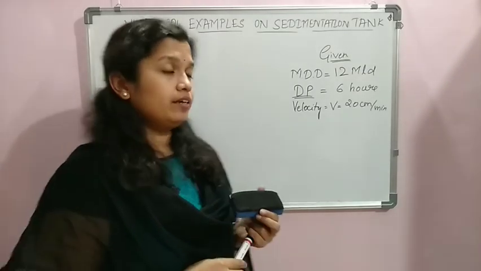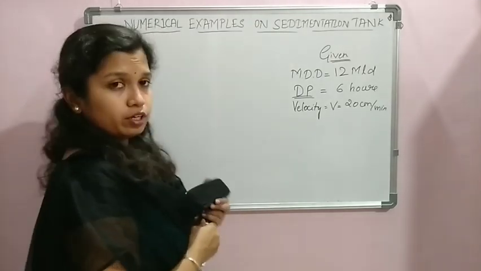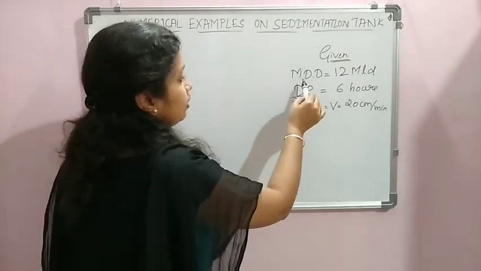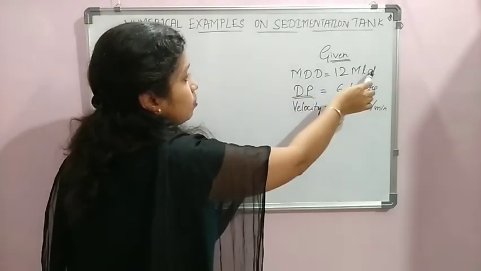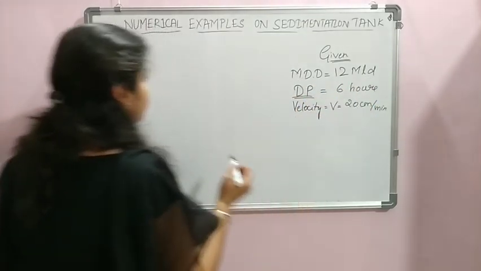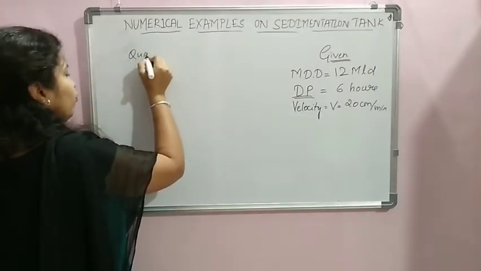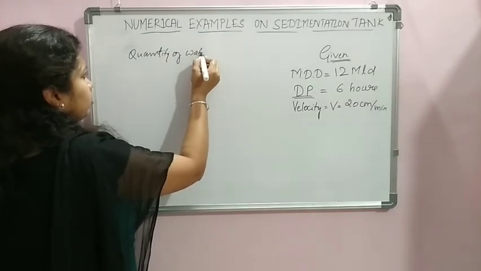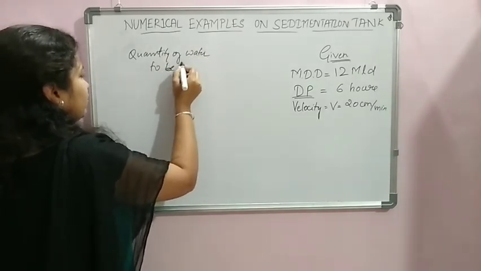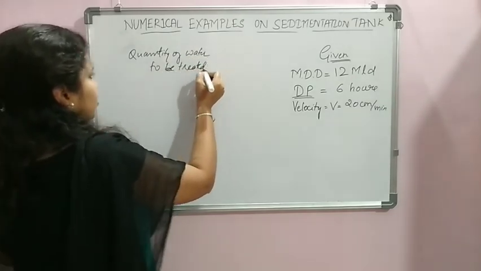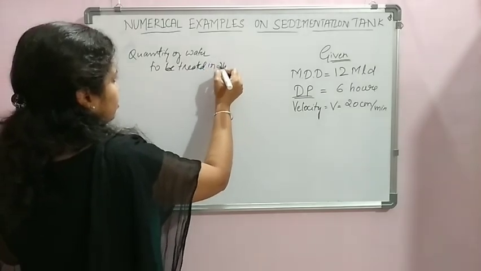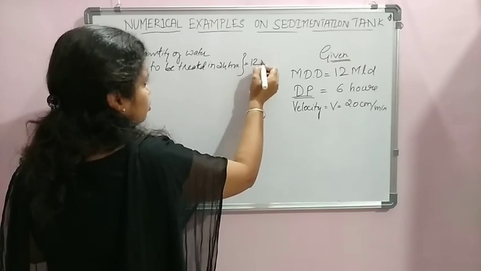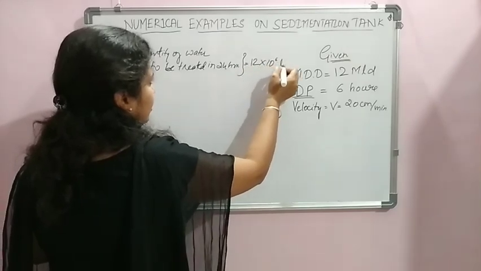First, let us understand the quantity of water to be treated in 24 hours. They have given us the maximum daily demand of 12 million liters per day, which means the quantity of water to be treated in 24 hours is 12 into 10 raised to 6 liters.